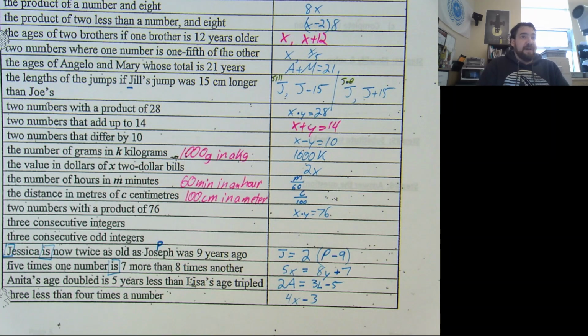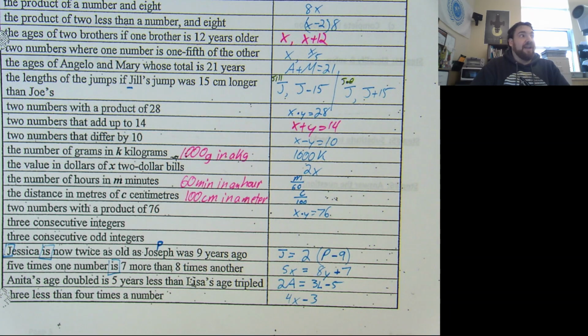Integers are the positive and negative whole numbers. So -1, 0, 1, 2, 3, 4, 5. Consecutive integers are things like 4, 5, 6, or -6, -5, -4, or -1, 0, and 1.